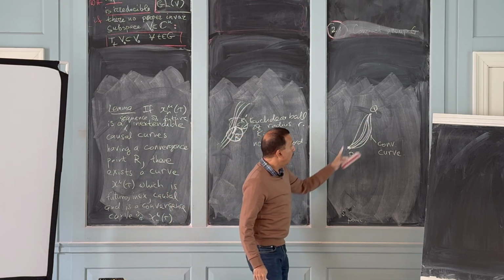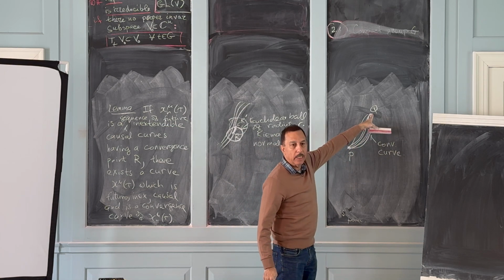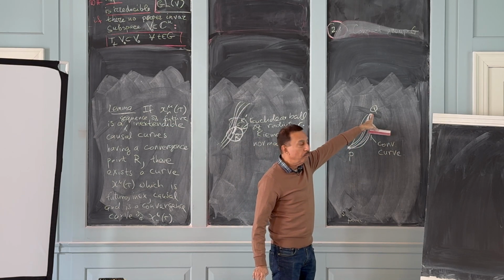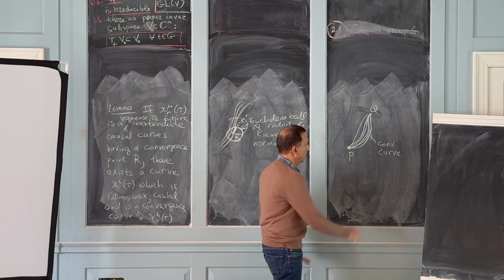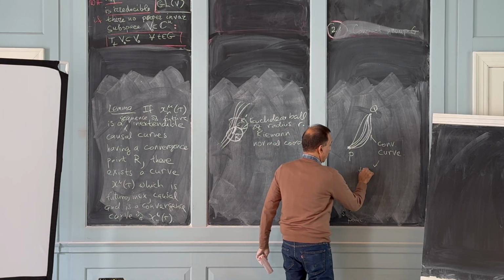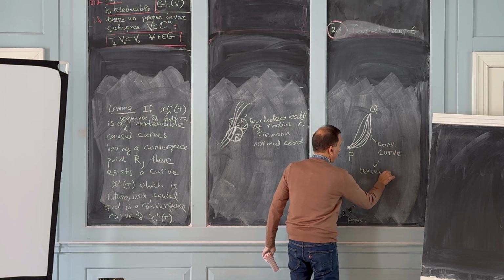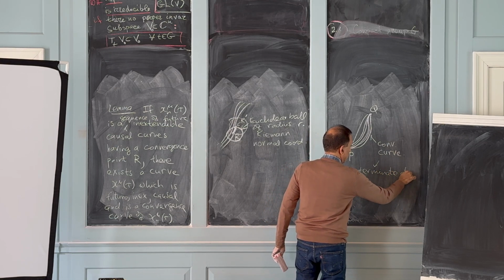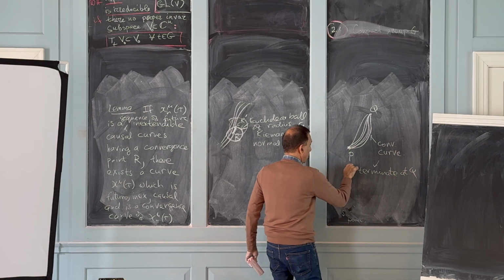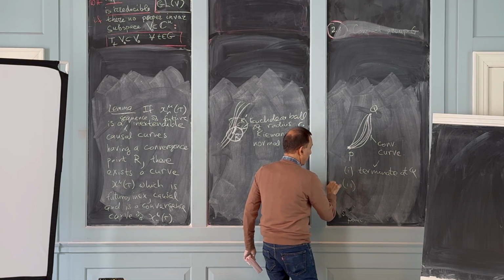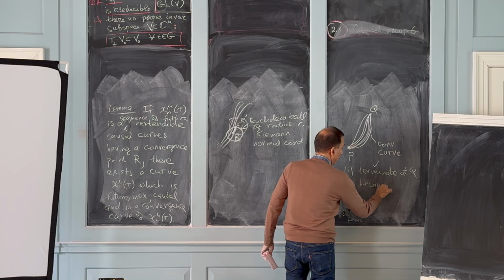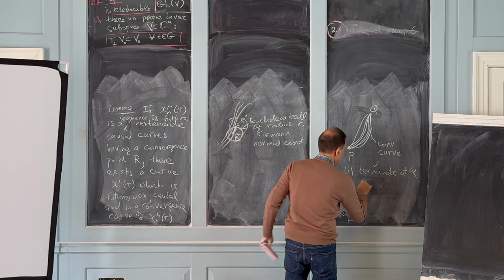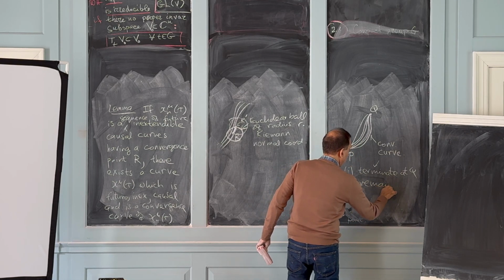Okay. Now my original family of curves all terminates at Q. That's how I defined them. What does the convergence curve do? It has two options. It can either terminate at Q at the same point, or become inextendable, or remain inextendable, I should say.